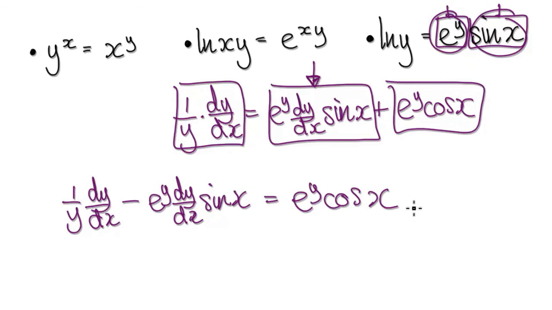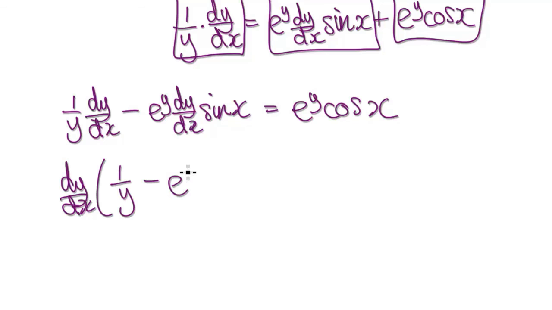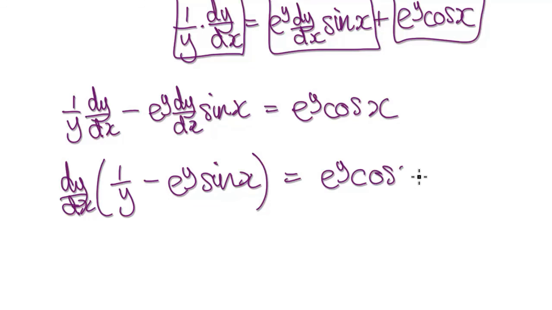So now factorize dy by dx. So that would be dy by dx bracket 1 over y, take away e to the power of y sine x equals e to the power of y cos x.